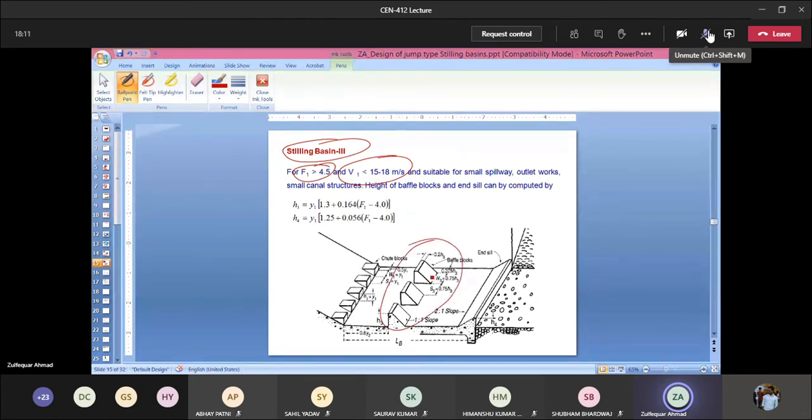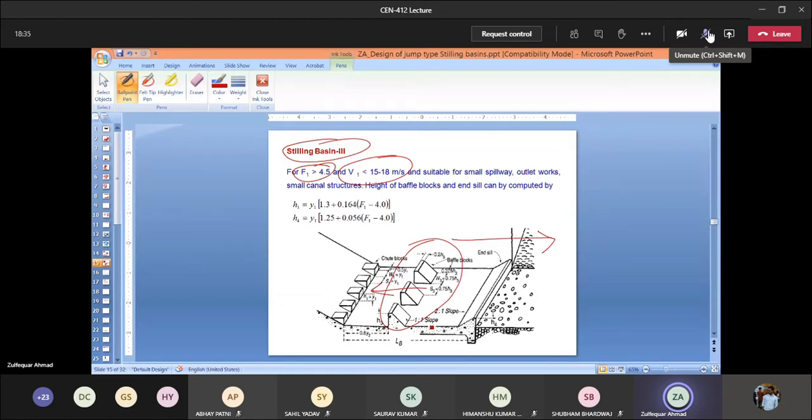So why are these being introduced? Because the hydraulic jump may move in the downstream, and that's why the baffle blocks are provided, so that they apply a force in the opposite direction of the flow and push the hydraulic jump to form in this Stirling basin, right?